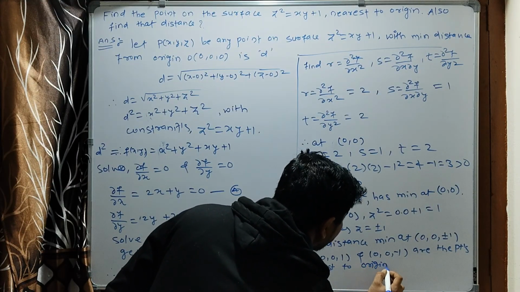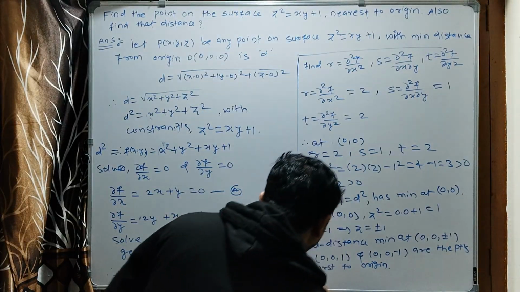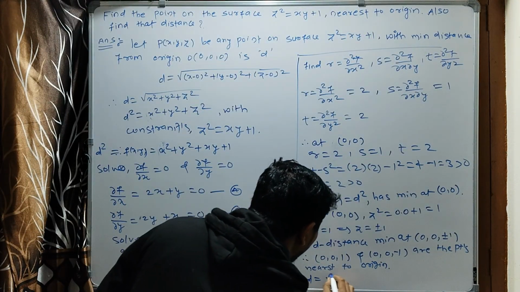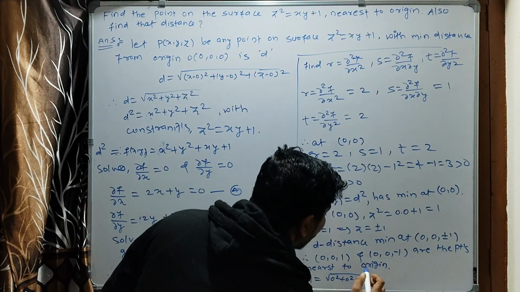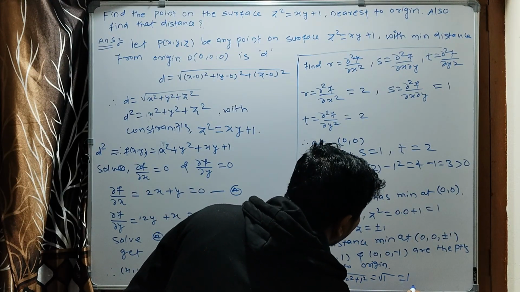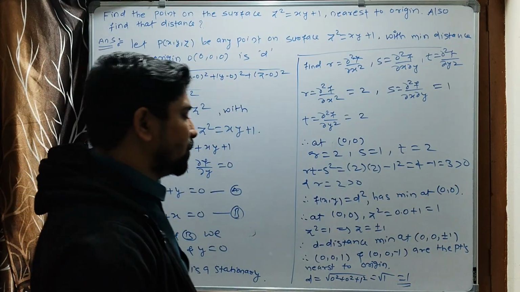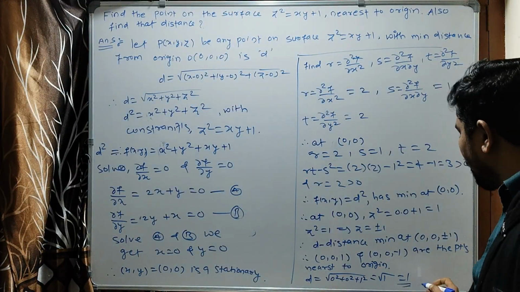So this is my answer. Now I want to find the distance. Therefore d equal to the square root of 0 square plus 0 square plus 1 square, which is equal to the square root of 1, which is equal to 1. So this is my minimum distance.